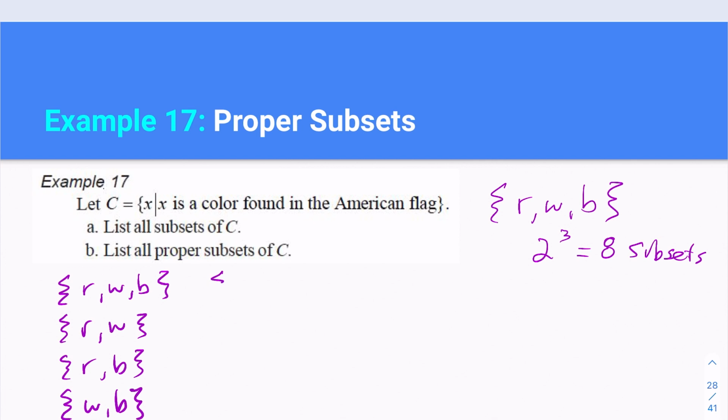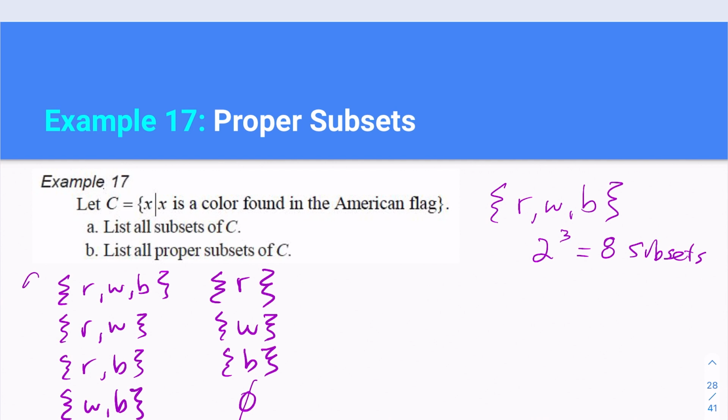and then we have the 1 element subsets. Sorry if sometimes my writing is not very neat. Trying. Okay, so we've got R, W, and B. And then the last one, do you remember what it is? You got it, the null set. So these are our 8 subsets.